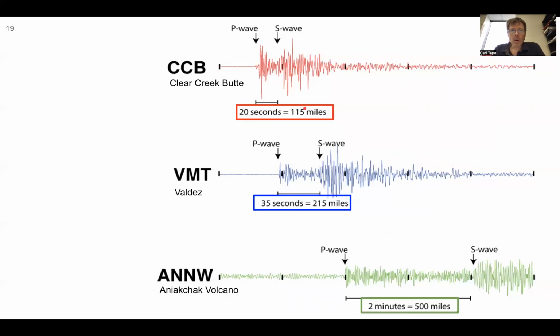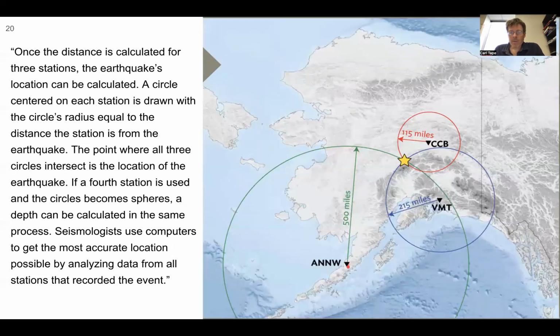And from that, we can go find where these stations, Clear Creek Butte, Valdez, Aniakchak volcano, go on a map. From those stations, we can draw circles that have a 500-mile radius here, 215-mile radius around Valdez, Clear Creek Butte, 115 miles. We draw circles.